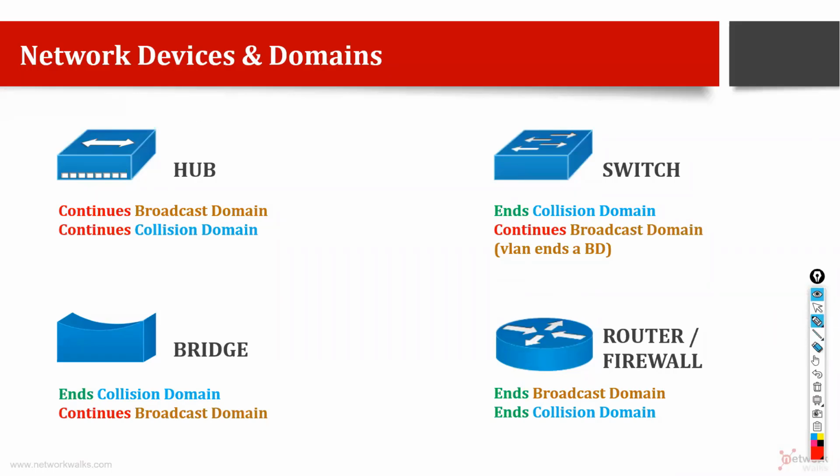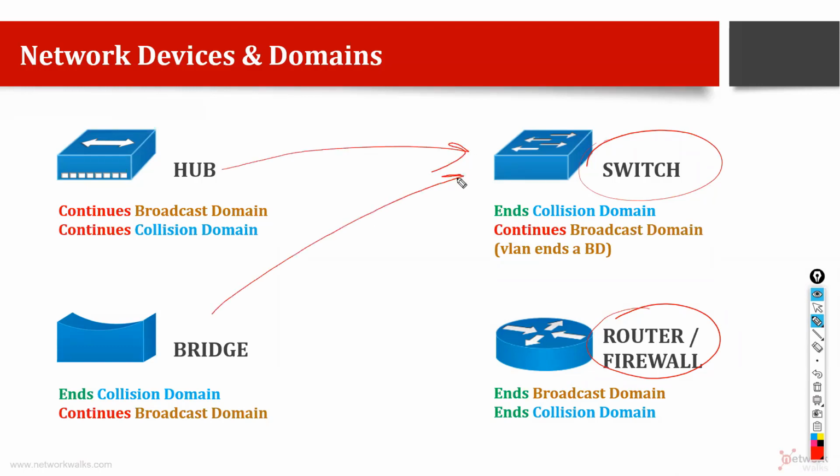Okay, how many types of networking components do we have? We normally have two types. One is the switch, which we hear a lot, and the second one is the router. So what is the difference between a switch and a router? Where do we need a switch? Where do we need a router? Hubs and bridges are older versions of the switch, in simple words. Before switches, we used to use hubs initially, and when we wanted to connect networks, we started using bridges, and then we got switches.